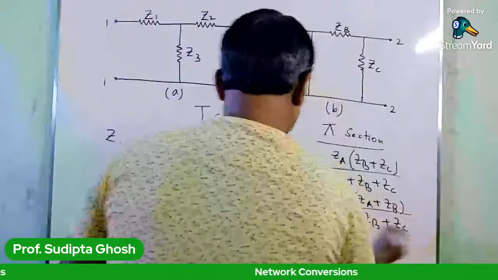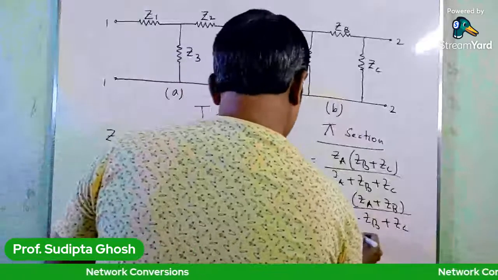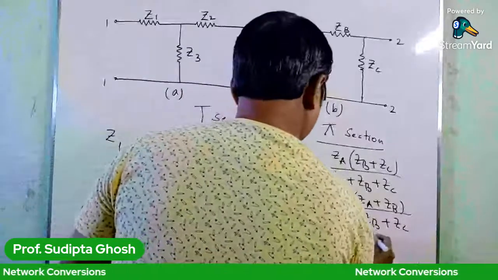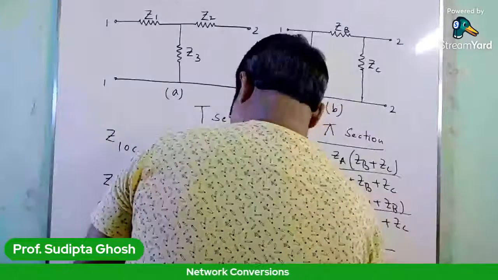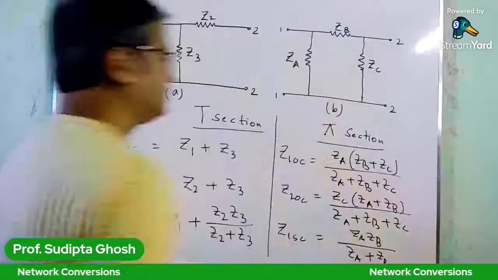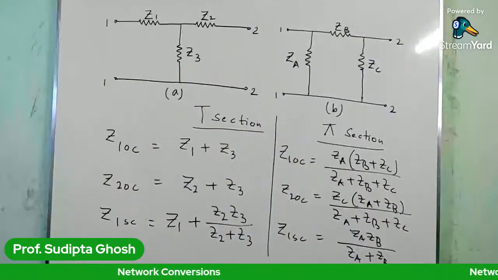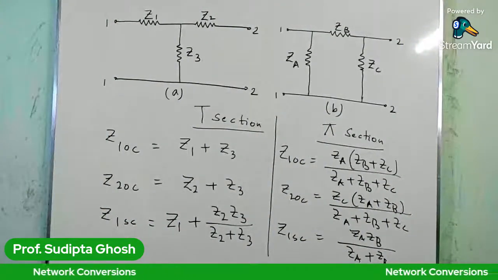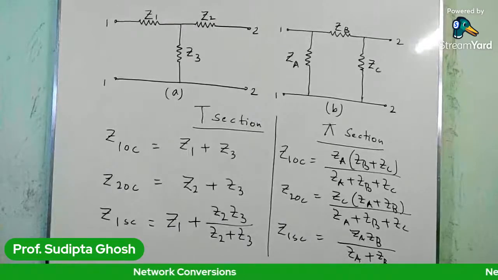And the last, Z1 SC, is ZA ZB divided by ZA plus ZB. So these are the equations for the T section and the pi section, and as you can remember, these were all derived by us in our last class.